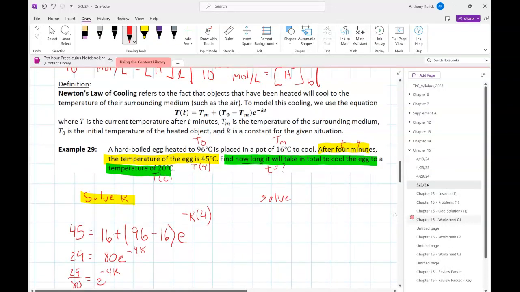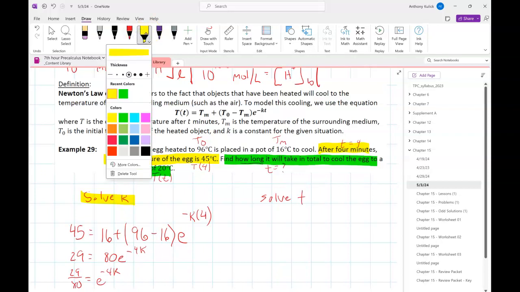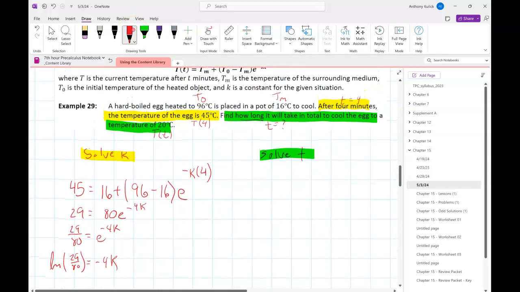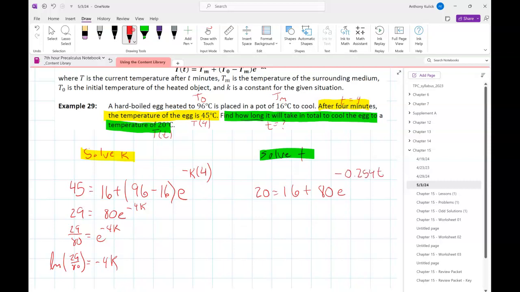Now that we have our K, we're going to be solving for T. So what we'll write now is our new T of T is 20. And we know K. And now we're solving for T. How can we solve that equation?